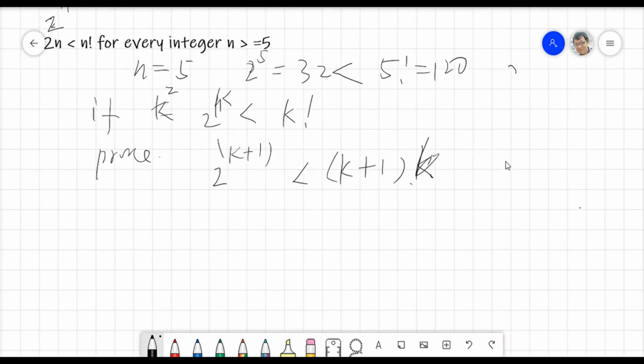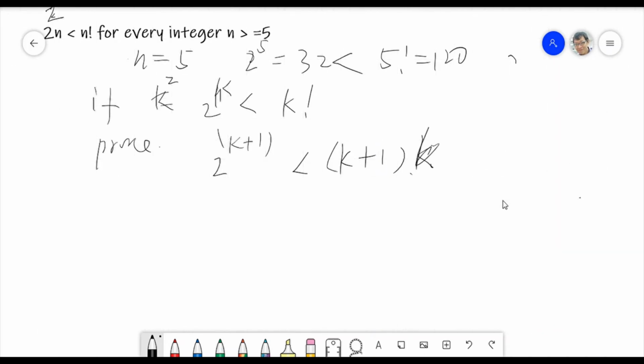So what we need to do is write it here. 2 to the k plus 1 equals 2 to the k times 2, and the right side, k plus 1 factorial, can be k factorial times k plus 1. So let's compare. We already have 2 to the k less than k factorial, and times 2, and 2 is less than k plus 1, definitely, because k should be over 5. So we can prove this one.